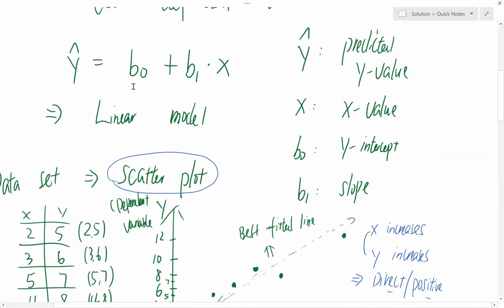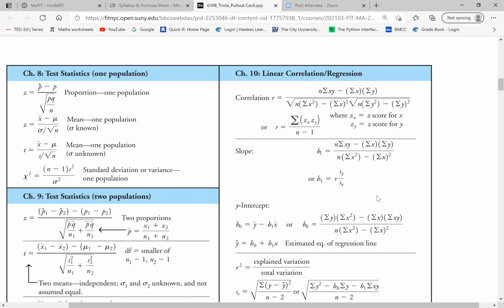We need to know B0, also B1. And we also have a formula to follow, right? B0 is this formula. The formula is quite long, but it's not that complicated. Once you complete the table, all these elements are there. We can just extract them, plug into the formula, and get B0, B1.